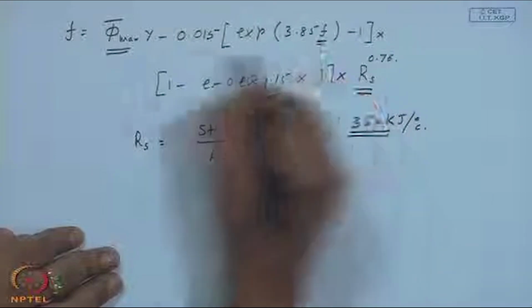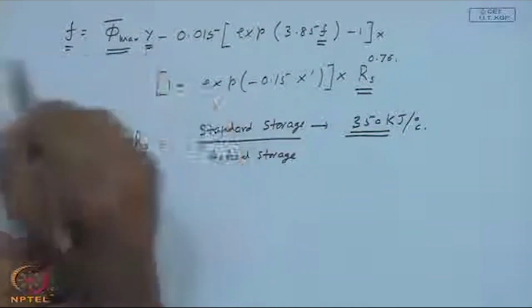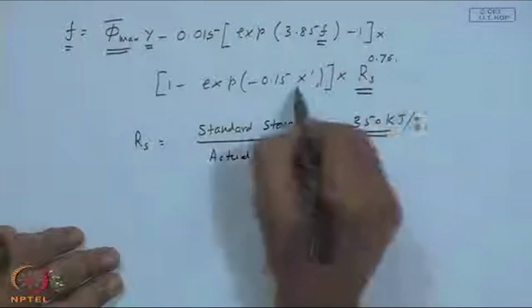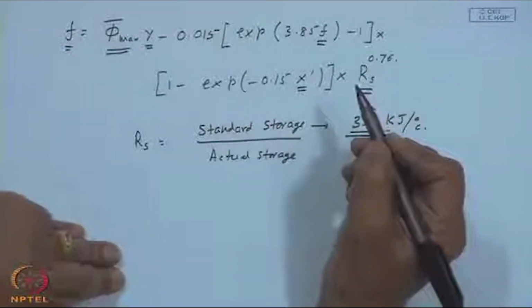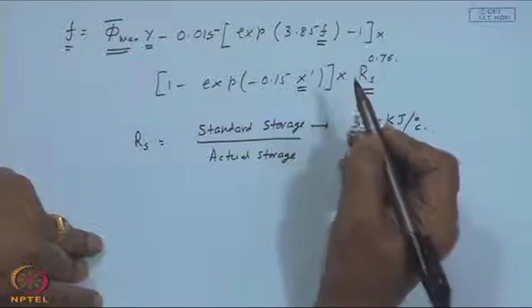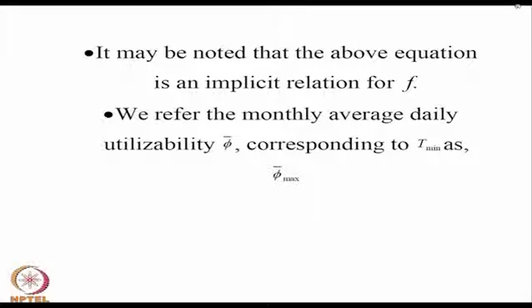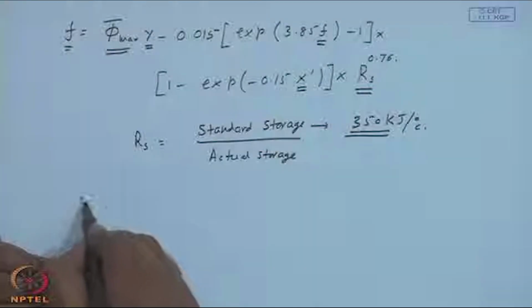This is an implicit relation in F, so it occurs on both sides. Y is the same as the F chart variable, x dash is slightly modified, in that 100 minus T I is removed, that is all, it is only 100. So, this requires iterative calculation.